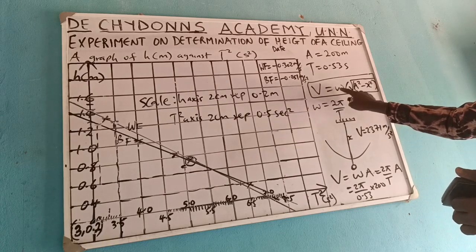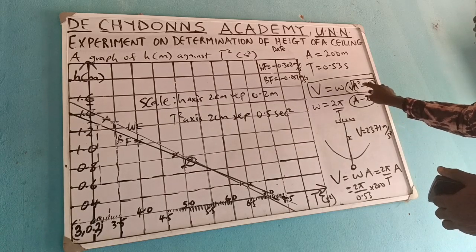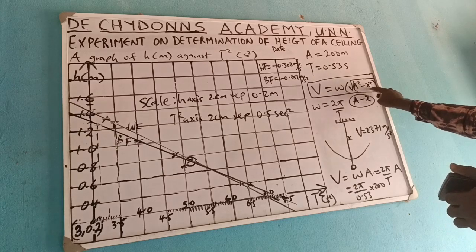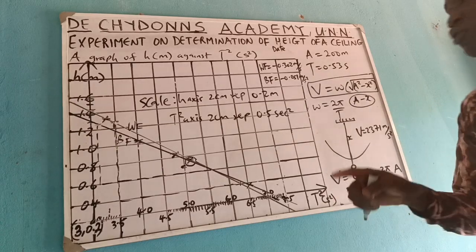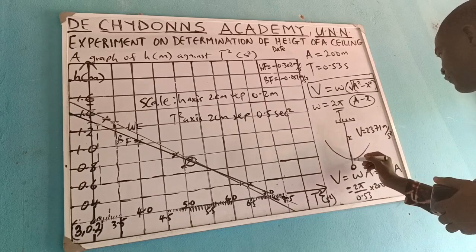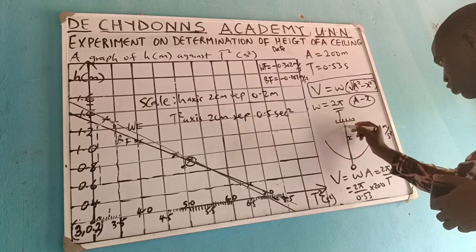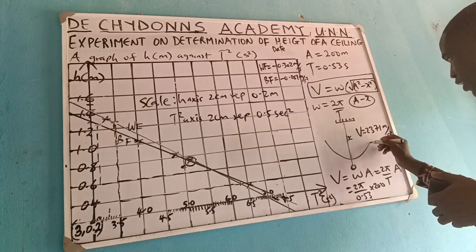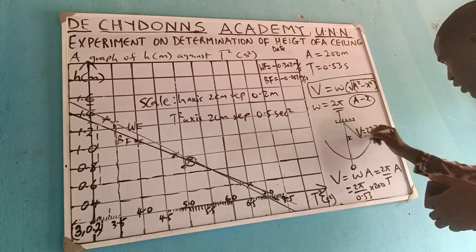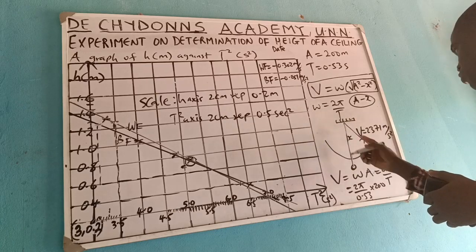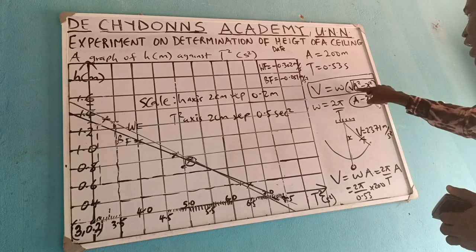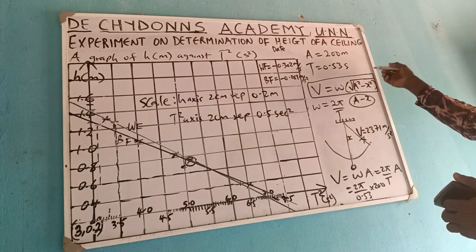V equals the square root of A squared minus x squared, where this determines the velocity at which position. So if this pendulum bulb swings to this point, here is the amplitude. The amplitude, that means A squared minus A squared, gives you 0.